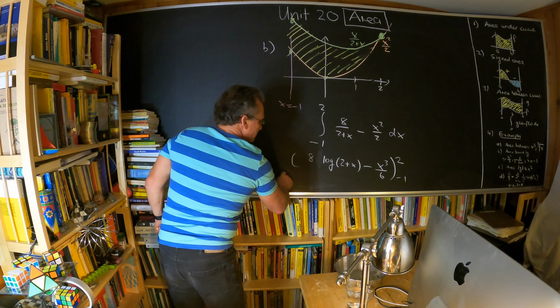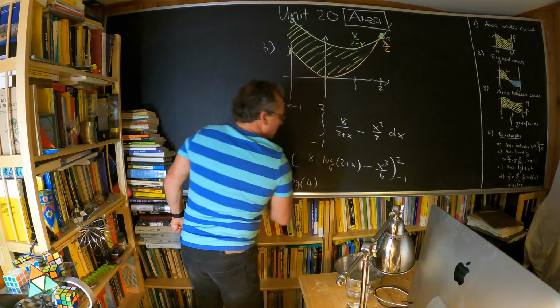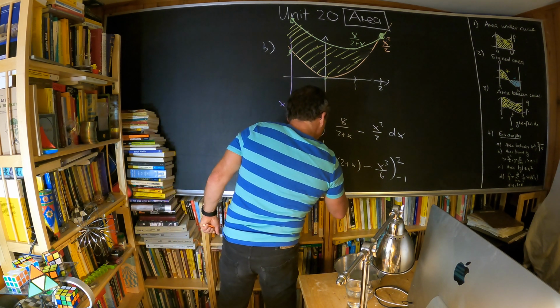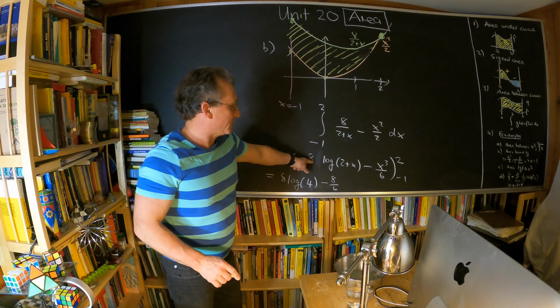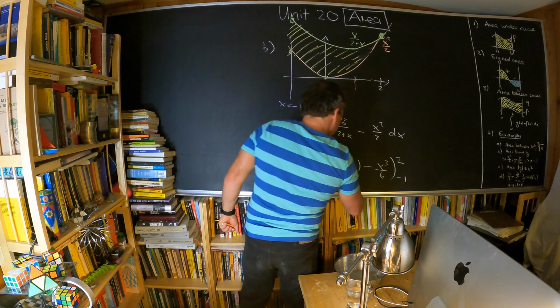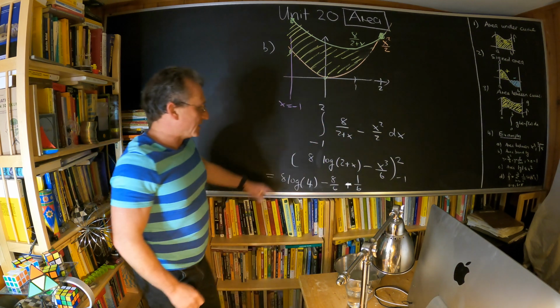That's just 8 times log of 4 minus 8 over 6. And then we take -1. When we take -1, we get 0 here. And -1 here gives us a plus 1 over 6.